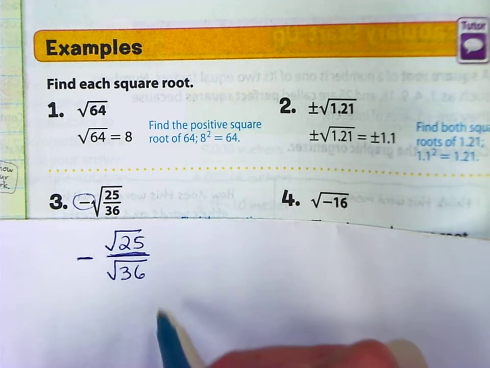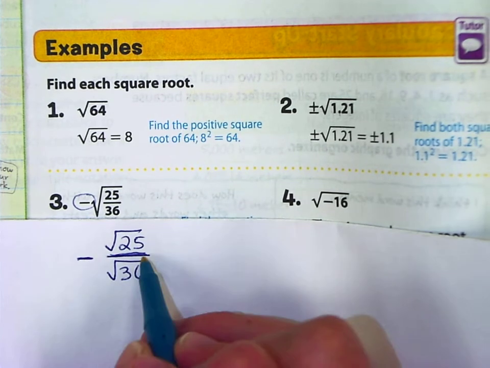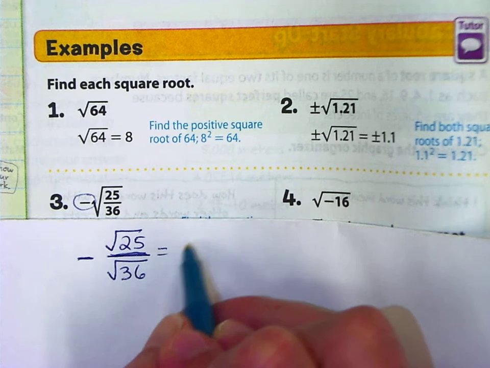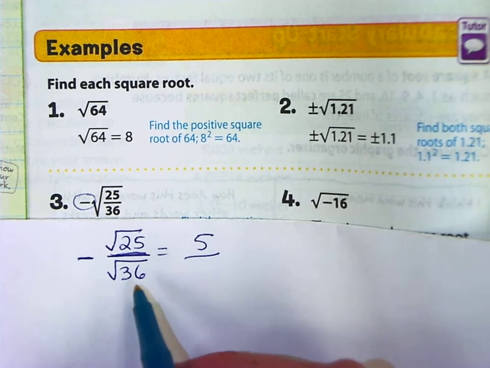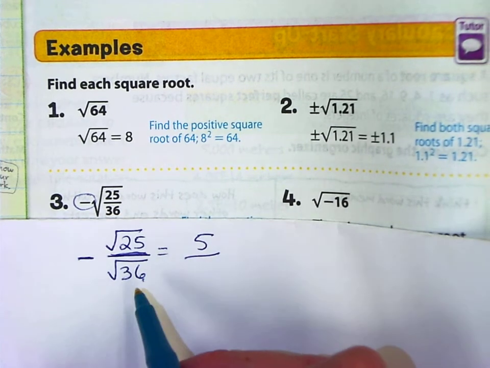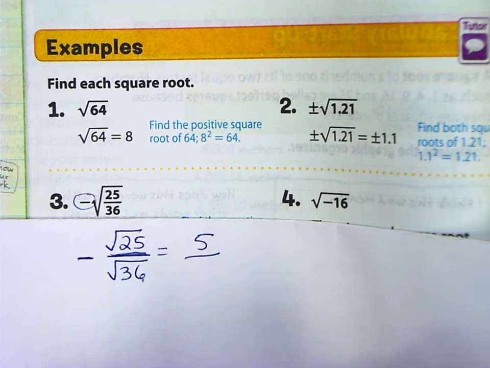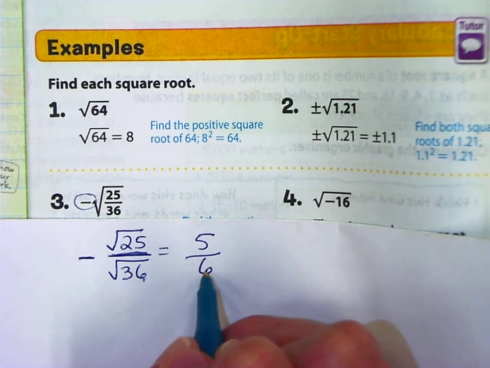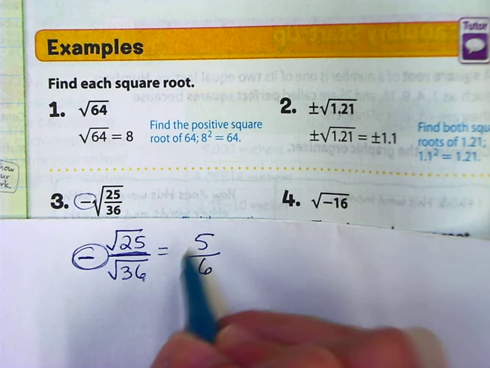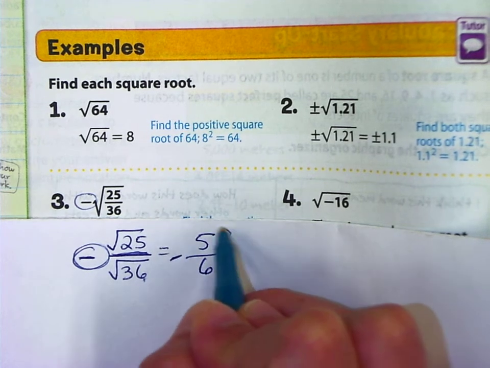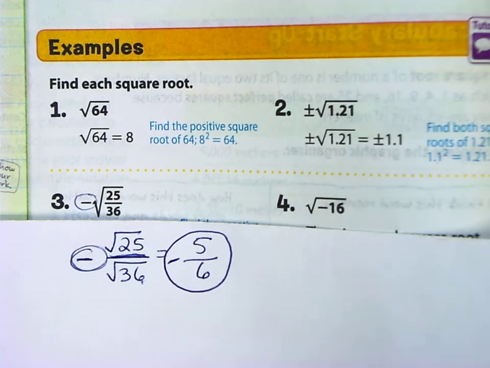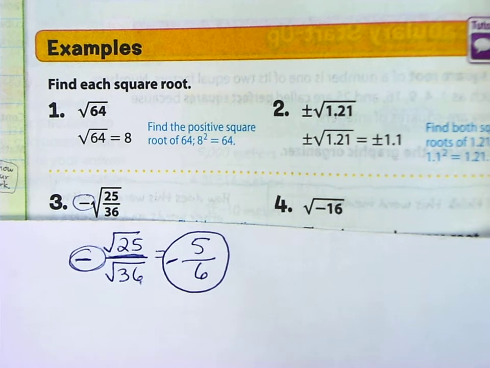So the square root of 25, think 5 times 5 is 25. So the square root of 25 is 5. And this is an example that I just did a minute ago. 6 times 6 is 36, so the square root of 36 is 6. And then this negative that was on the outside of that root sign, I'm going to leave in my answer. So negative 5/6 would be my root.